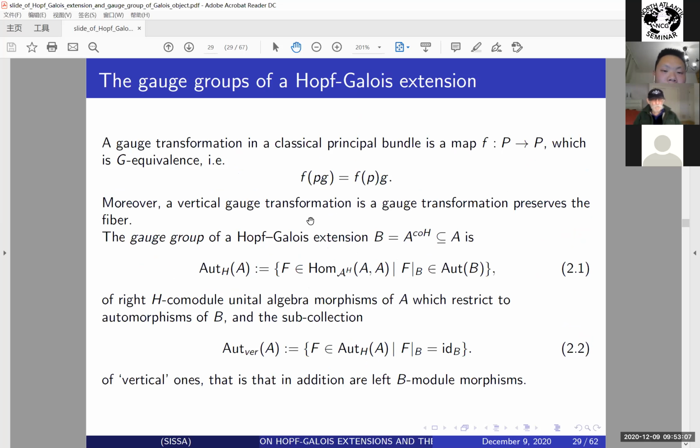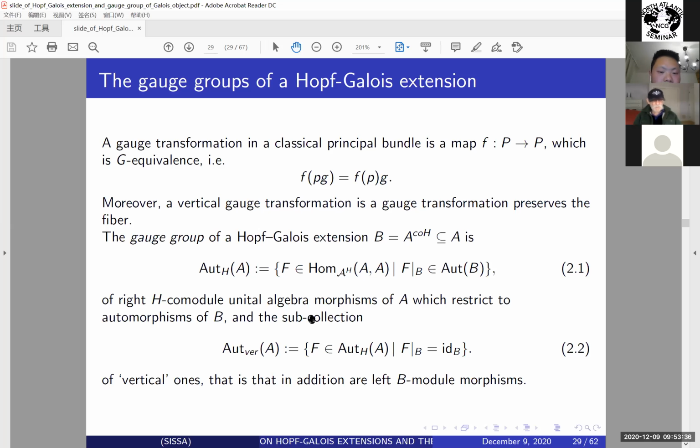Moreover, we call this gauge transformation vertical if F preserves the fiber. So dually on the Hopf-Galois extension, the gauge group consists of the algebra maps from A to A which are also H-comodule linear and unital, such that the restriction on B belongs to the automorphisms of B.